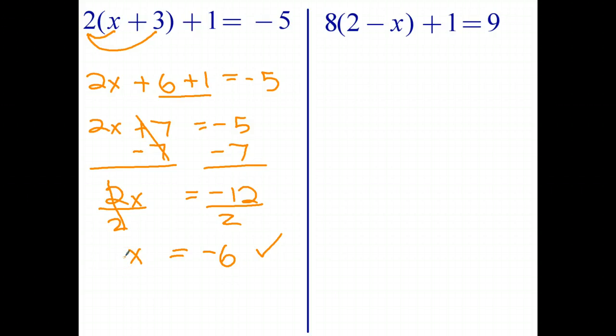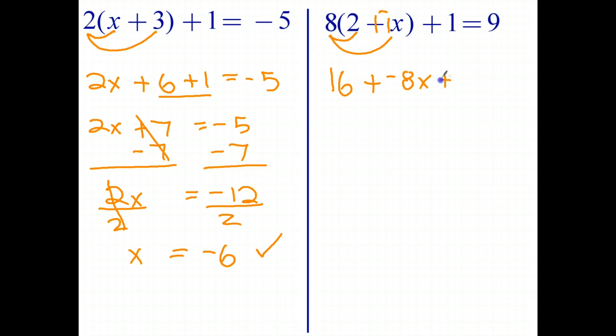Okay, looking at the second equation, I'm going to change subtract to add the negative, and of course the coefficient in there is a 1, so I'll write that in as well. Using our distributive law to expand the brackets, 8 times 2 is 16, plus 8 times negative 1 is negative 8x.